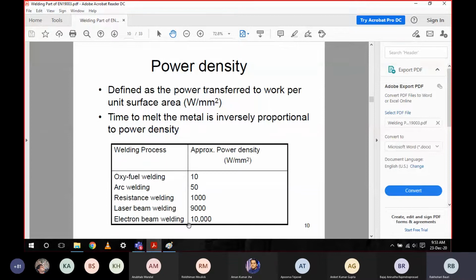Electron beam welding has very high power density. It means per unit area you are giving very high power, very high energy rate, so you will melt very quickly. The second point: time to melt the metal is inversely proportional to the power density. The more the power, the less the time to melt.